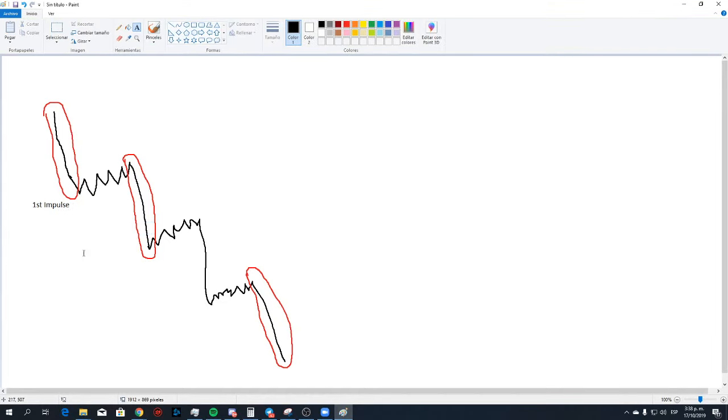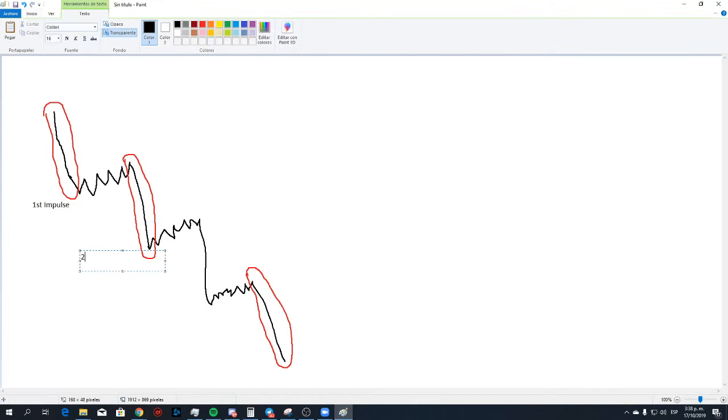First impulse, second impulse will be this one, and you see that whether the trend is bearish or bullish, every trend is the same. Drop, correction, drop lower, correction, drop even lower, another correction, and drop.